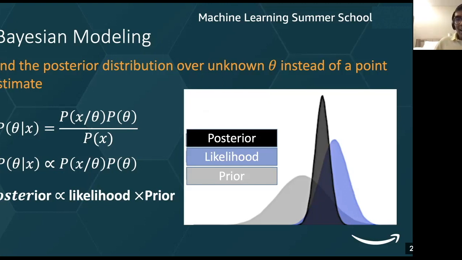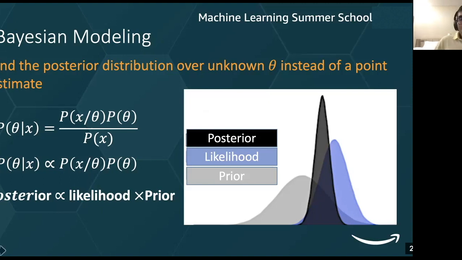The benefit of doing this is that if you're able to estimate a distribution for theta, you get a very accurate sense of how confident you are in your estimate of theta, and that is very important in constructing this Bayesian model.